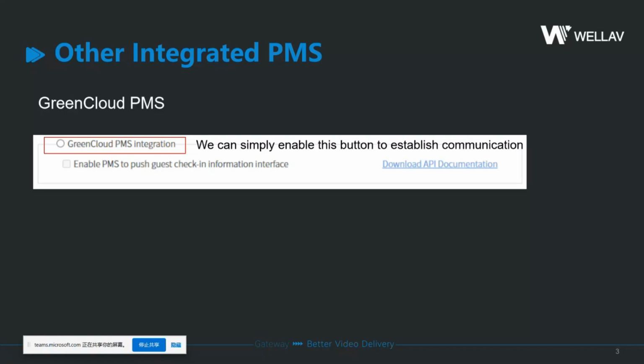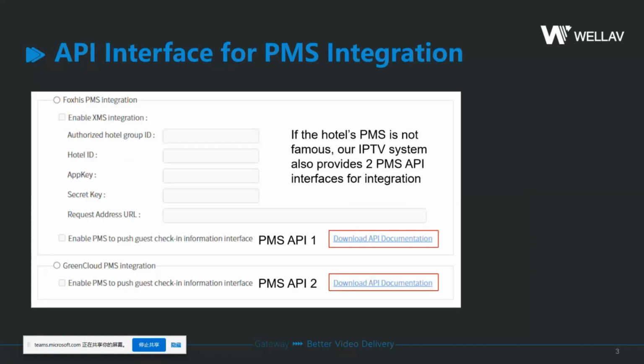Besides these mainstream PMS systems, we also provide two other API interfaces free of charge. If the customer has some other PMS that is not very popular, perhaps provided by a small-scale PMS provider, you can download a directory from the web user interface and provide this API integration document to the PMS service provider.